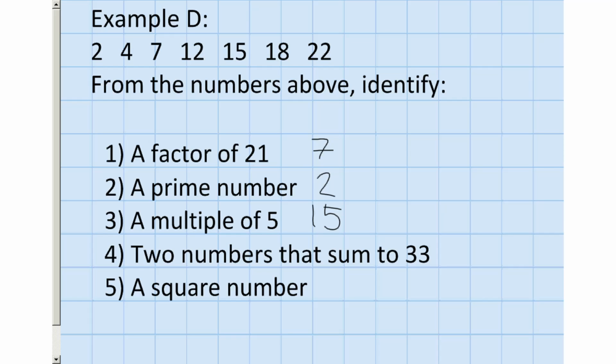How about 18 and 15? Yeah, if we add those together, we get 33. So it's 15 and 18. Best way is just to look through. It won't take too long to figure out which numbers it's going to have to be. And finally, a square number, so it's linked to the last category. Which of those numbers is a square number? Well, there's only one in there, and that's 4, because that's 2 times 2.